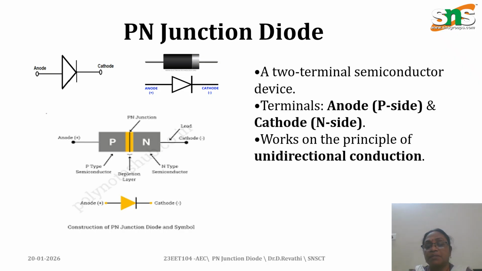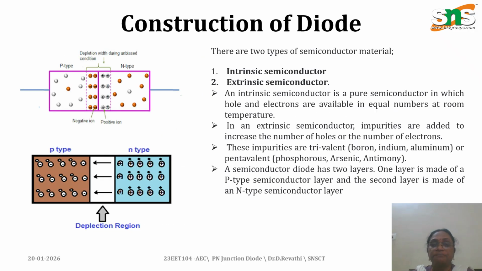We discussed that the PN junction works unidirectionally. For construction, there are two types of semiconductor materials: intrinsic and extrinsic. Intrinsic means the number of holes and electrons are the same, and extrinsic means impurities are added to the semiconductor so the conduction increases, while the intrinsic semiconductor does not conduct.